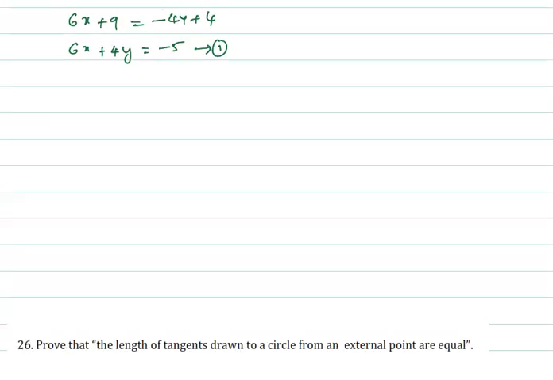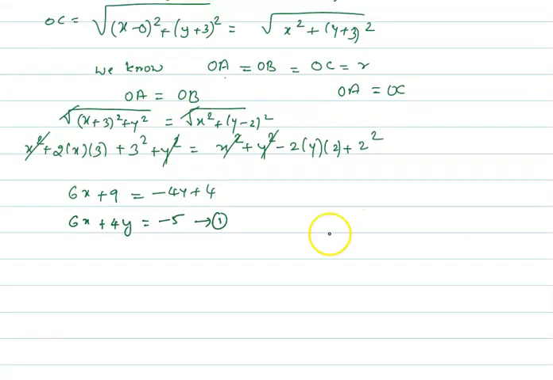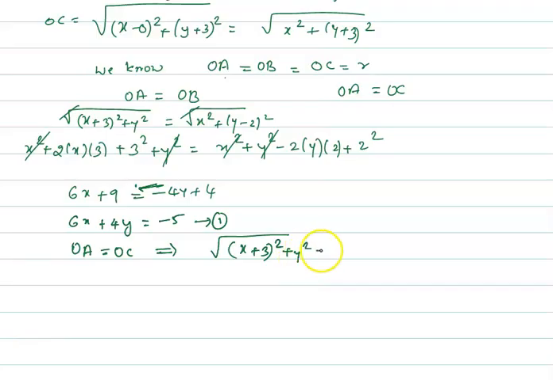Now I am simplifying the other equation, that is OA is equal to OC. So from this implies what we will get, OA is equal to OC. So this gives what? OA is again x plus 3 whole square plus y square. OC is, what is the length of OC?